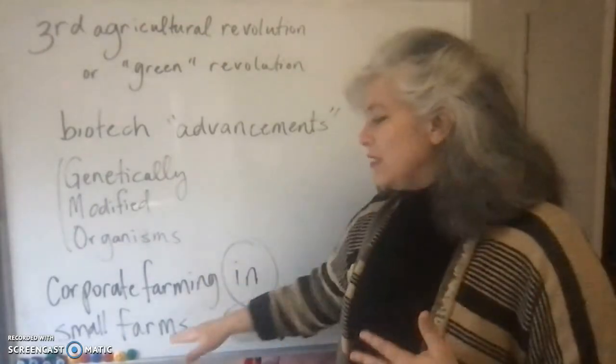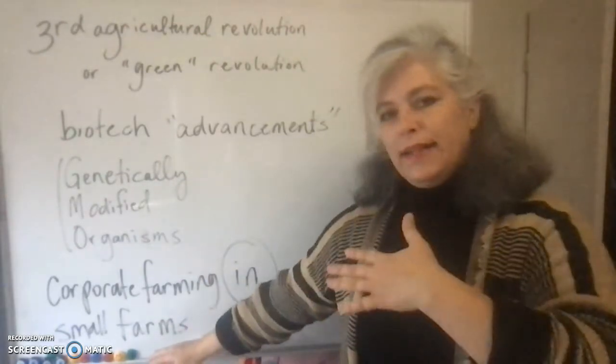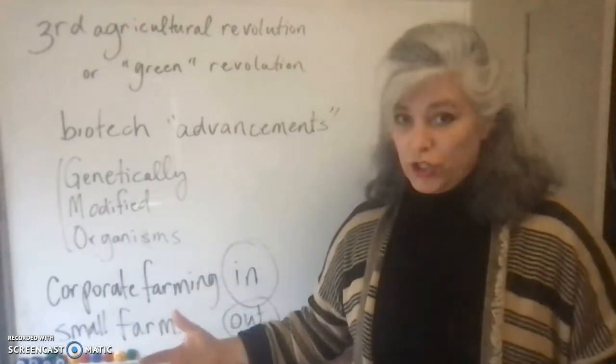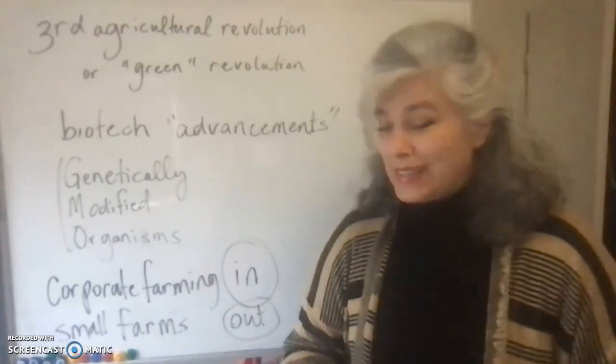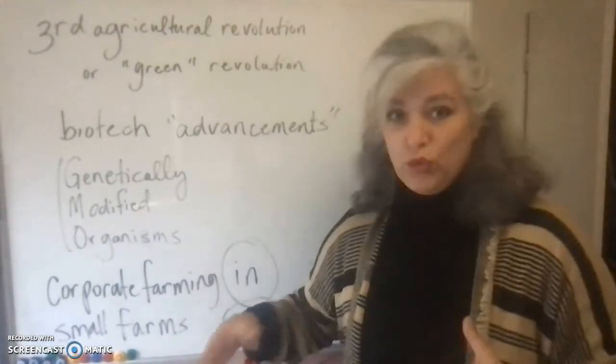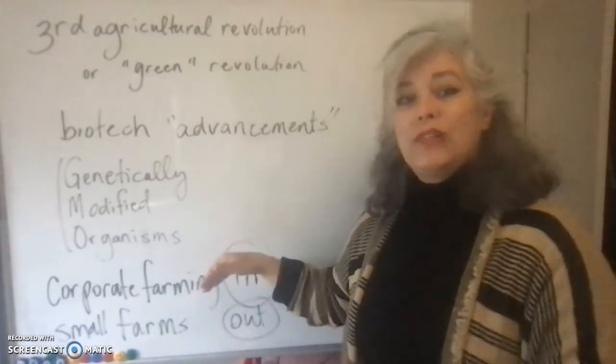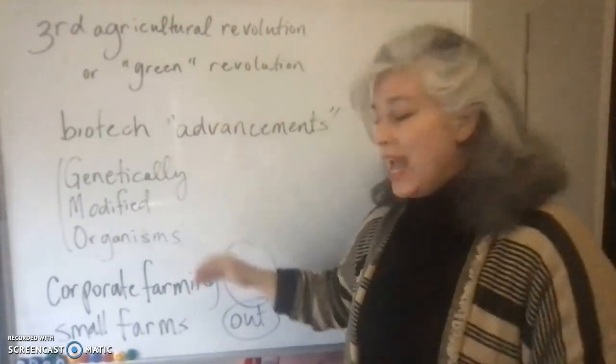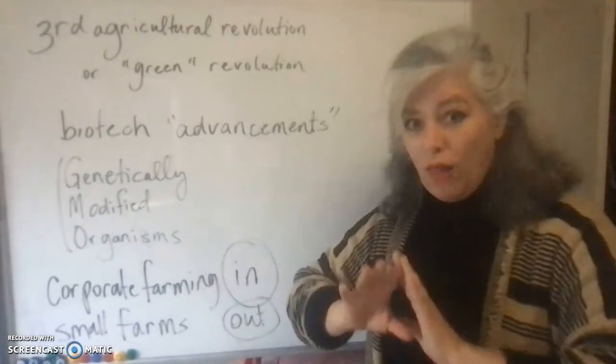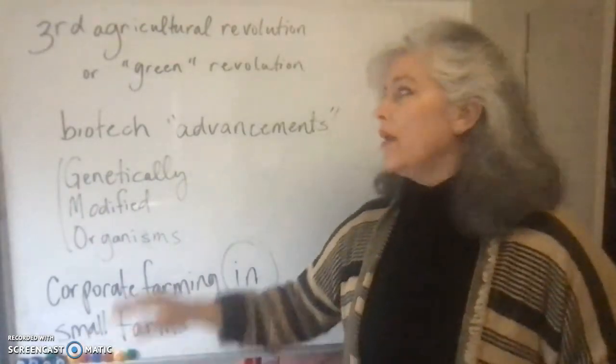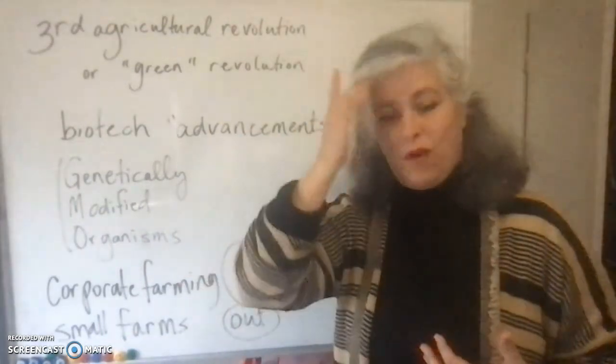And so it really limits the reach or even the rights of the small farmers who do not want to participate in those kinds of biotech advancements. Those were really on the way out for quite a while during the early stages of the Green Revolution.